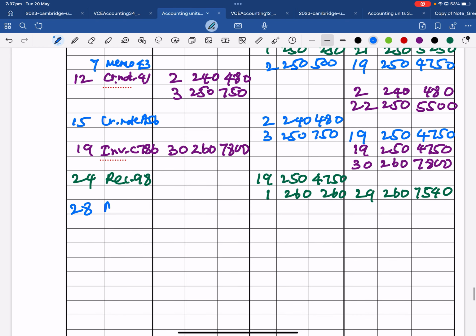Memo 37. 4 at how much? 260, yes? Which is 1020. Then we have 25 at 260, which is 6520.